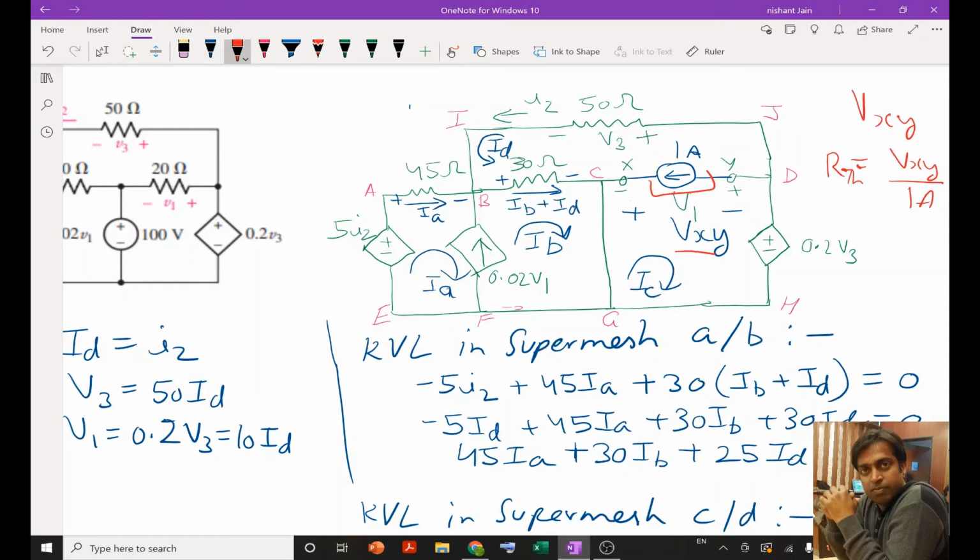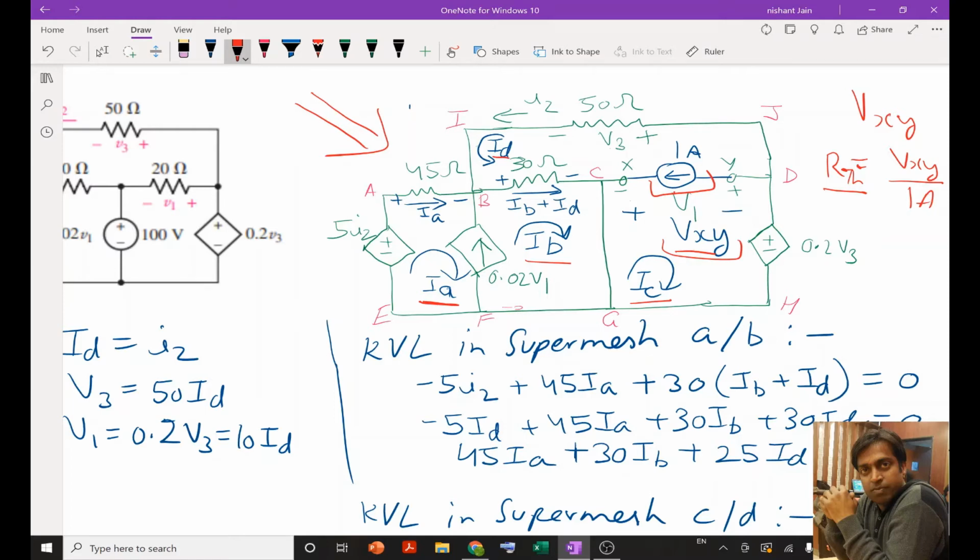So now my aim, I need to calculate RTH, and to calculate RTH I need to calculate Vxy. To get the Vxy, I can solve this using the mesh analysis. So if I assume loop currents, let them be IA, IB, IC and ID.